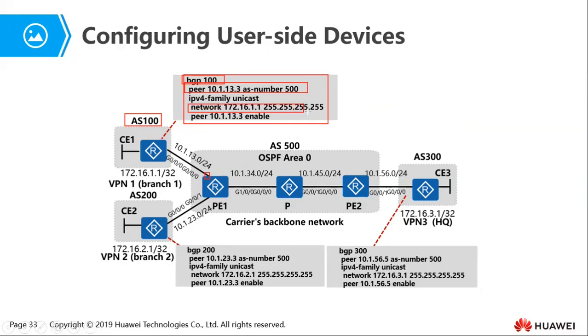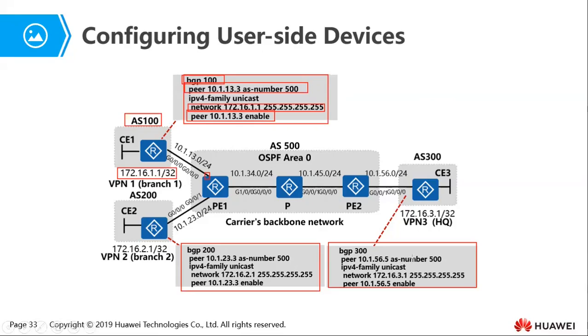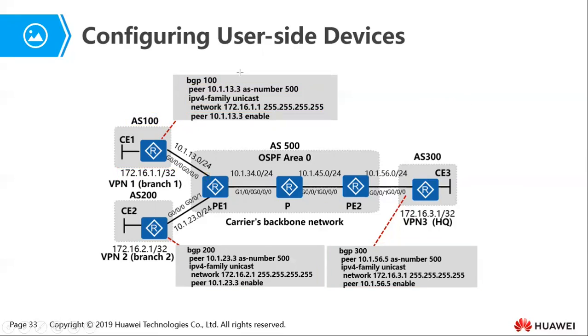Then we advertise the network that we are attached to, so that it can be advertised to the headquarters, so that the headquarters can be able to ping 172.16.1.1. Then after that, we enable that. That's the same thing we are doing on these other devices, so I'm not going to explain those commands.